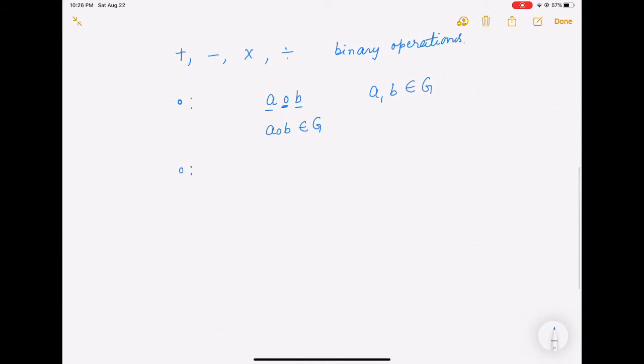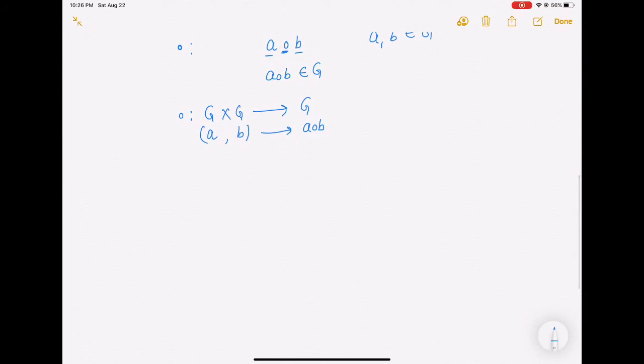This operation, if it is a binary operation, is a map from G cross G to G, so any 2 elements A and B, with A belonging to G and B belonging to G, map to A operator B.